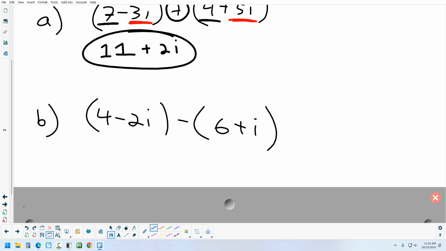Subtraction, very similar, except think of this negative as being distributed. You're going to subtract the 6, and you're going to subtract the i from the first part. Just sign up. Anybody think they could tell me the answer here?